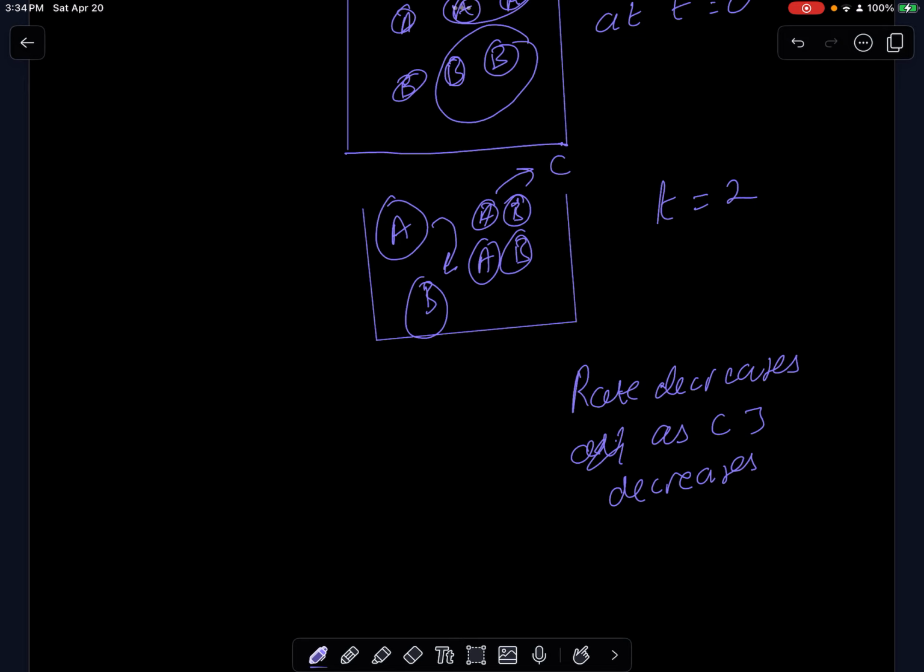So, that is the basic introduction to reaction rates. Let's have another look at some more important notes, and especially on how reaction rates are affected.